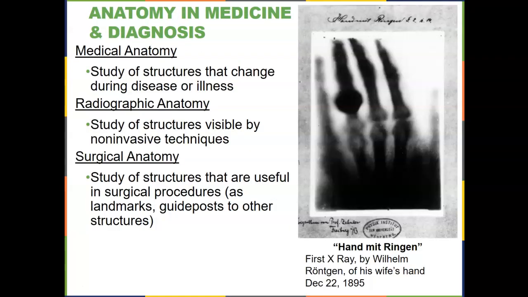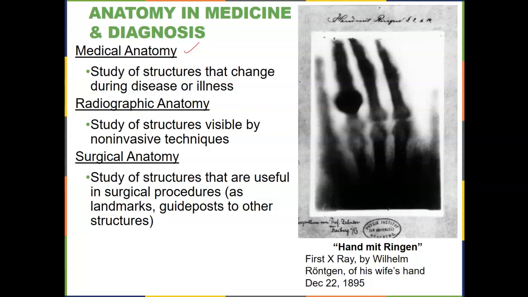So what are we looking at here? Anatomy helps us do a number of things. We have medical anatomy that gives us information on how items change during disease or illness. Basically, structures as we age, all the structures in our body as we age change their shape, they change their abilities, the whole use it or lose it type thing. But as we age, medical anatomy changes.